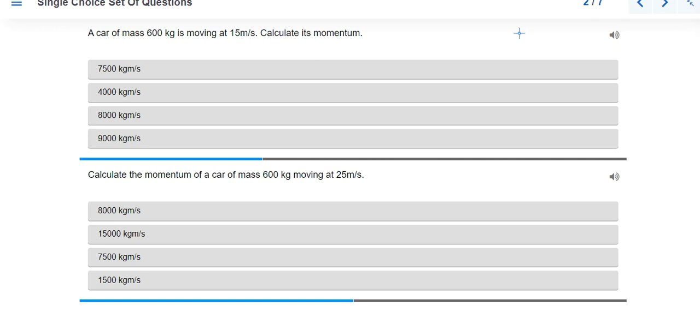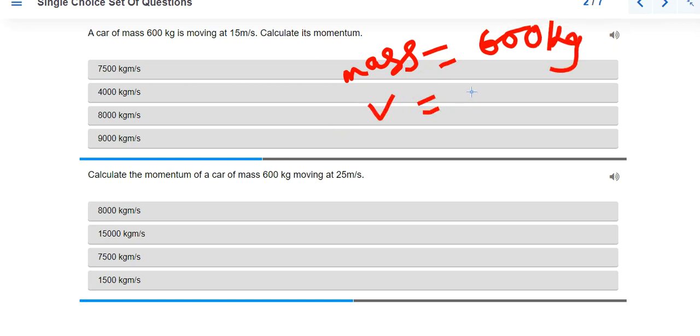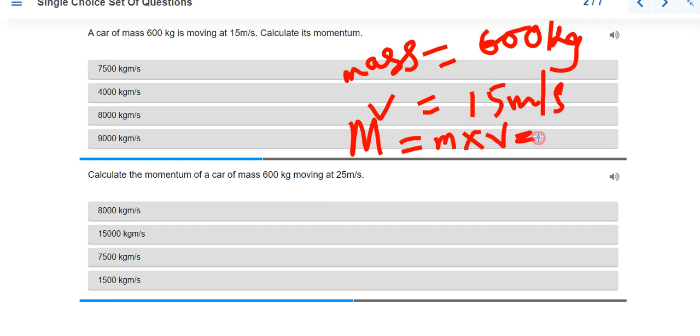With that, mass is equal to 600 kilograms. The velocity is equal to 15 meters per second. Therefore, momentum, capital M, is m times v, and that is 600 times 15.